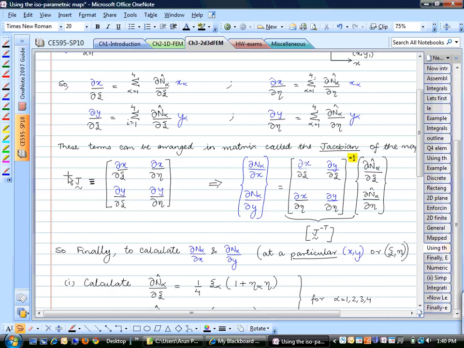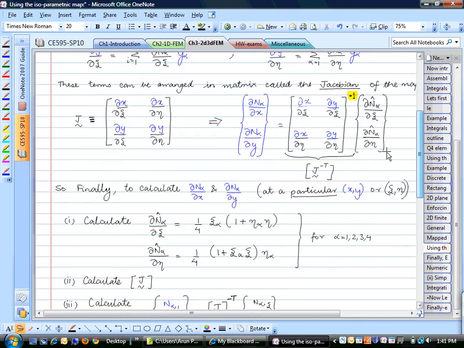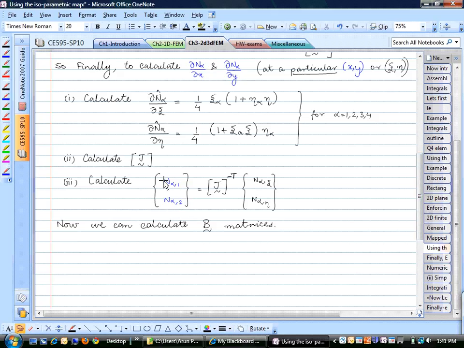Once you have J, you can calculate J inverse transpose, and then multiply those derivatives with that, and you will have the actual derivatives. Once you have these actual derivatives, you can plug them into your B matrix. That B matrix was the derivatives of all the element quantities that we had calculated before.